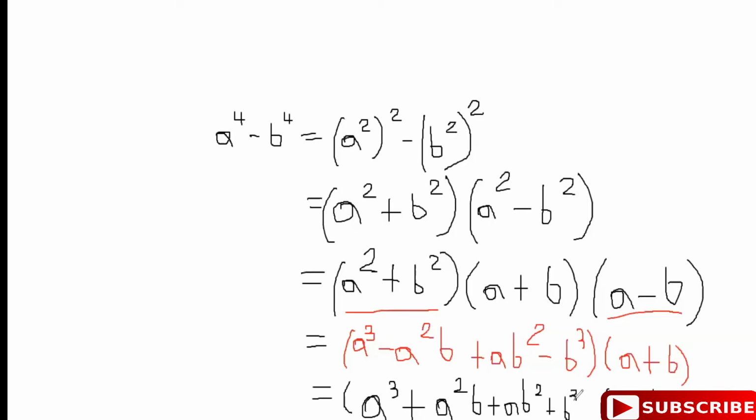So there are two possible ways the answer can be written. It can be written this way, or it can be written this way. And so we have to look at the options that are given to see which one of these two is there.